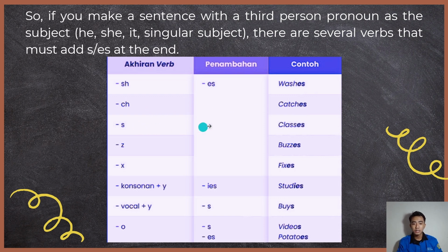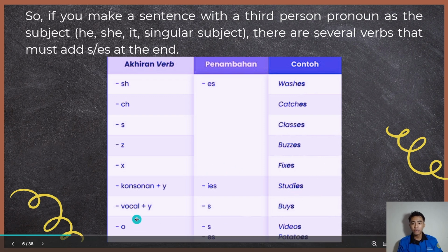And s adds es, example classes; z, example buzzes; x, example fixes. And then a consonant plus y becomes i plus es, example study, studies. A vowel plus y adds s, example buys. And then o adds s or es, example videos and potatoes.